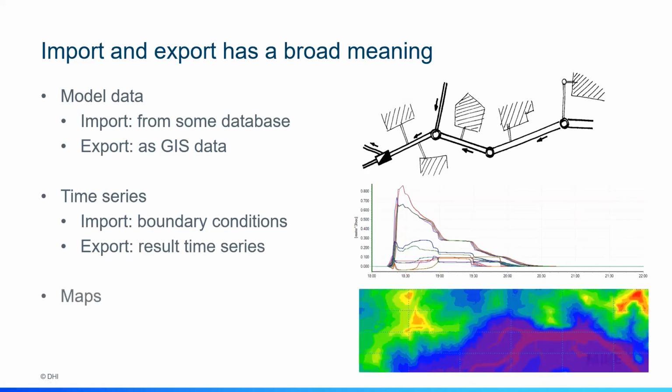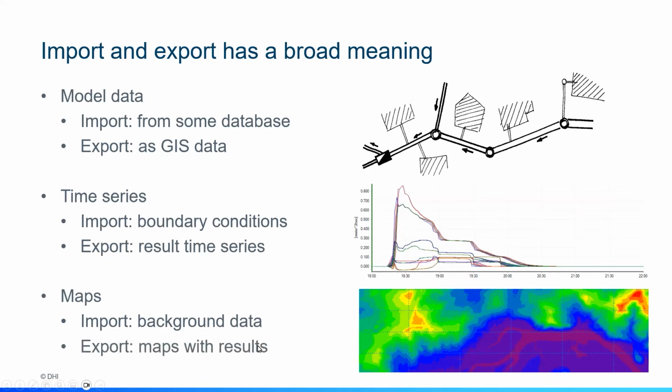And finally, we could also talk about maps, background maps, which we import into Mic Plus, either a city map or here a digital elevation model. And exporting maps means usually exporting maps with results.